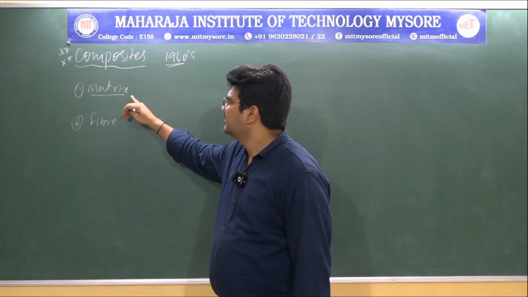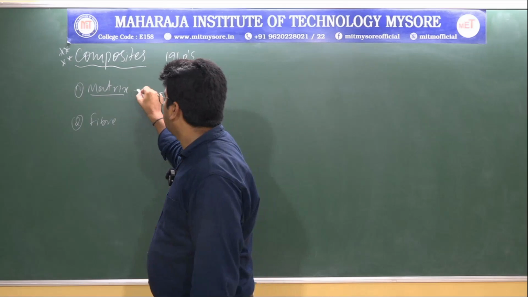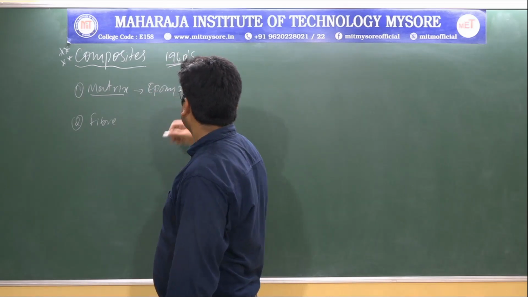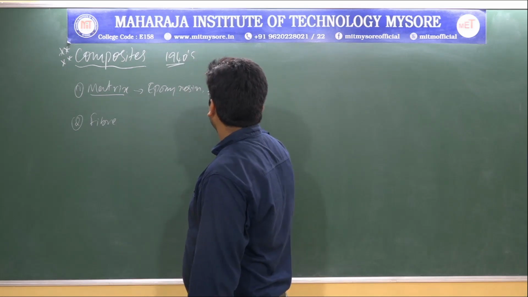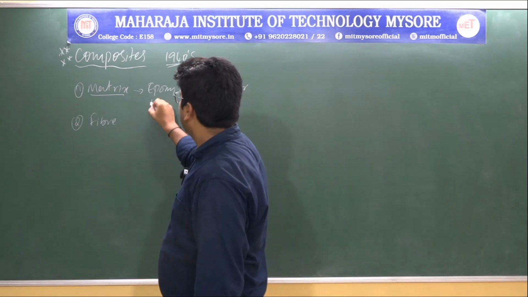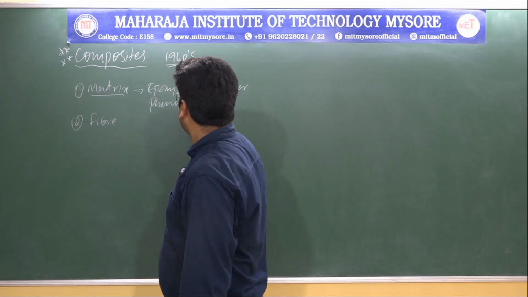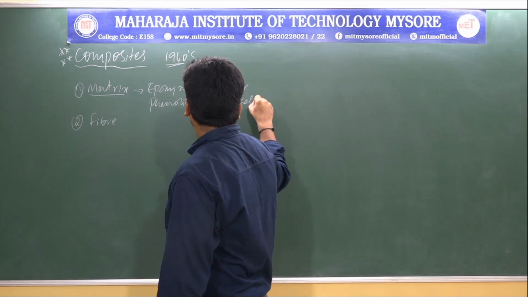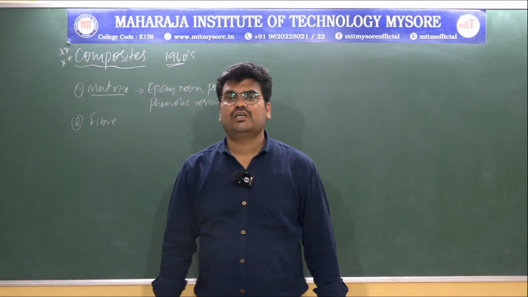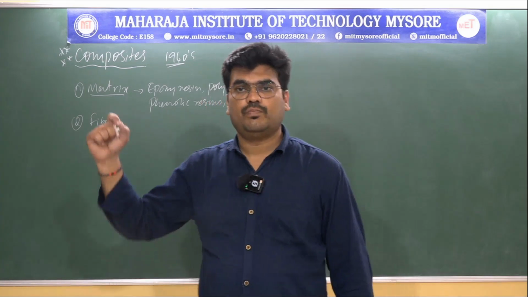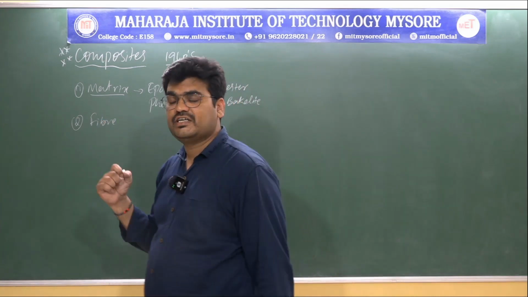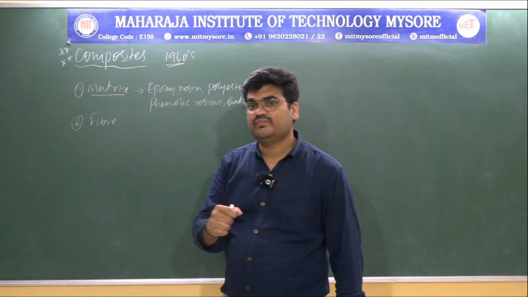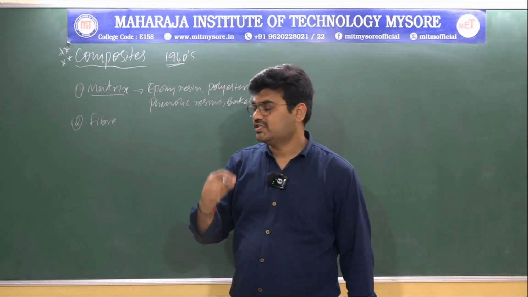And if you look at the examples, you can take epoxy resin, polyester, phenolic resins, bakelite, etc. These can be used as a matrix in the synthesis of a composite, right? So it is a combination of two or more distinct components in order to form a new class of materials which are suitable for structural applications.